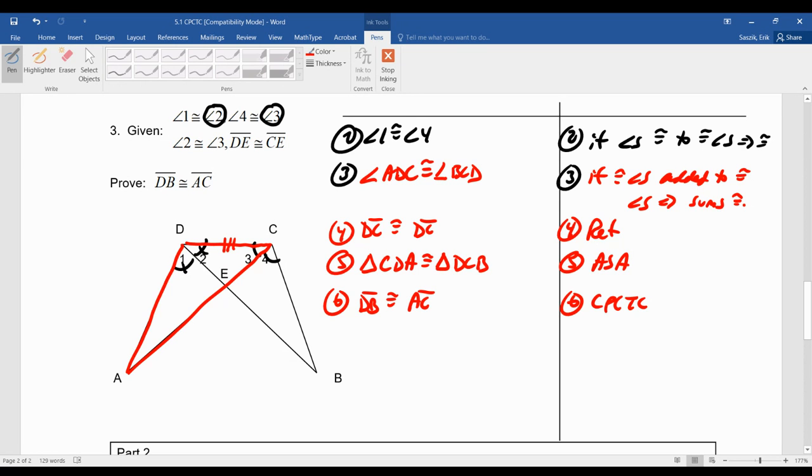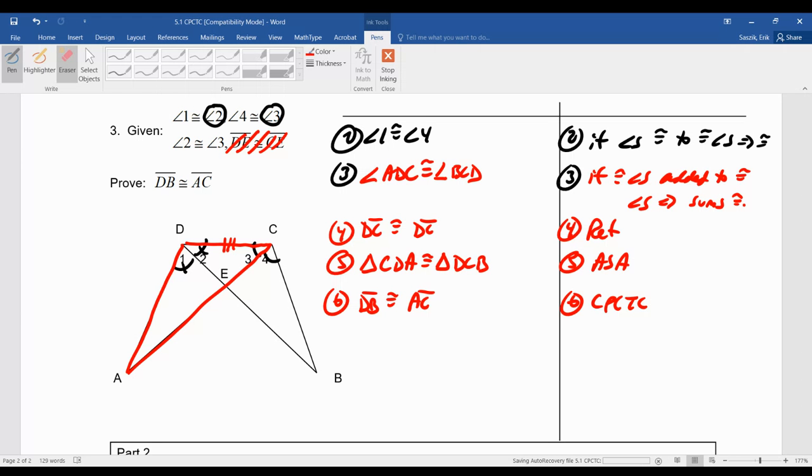Notice how with the method that we used here, I did not use this given information here. All right. But you could use that given information if you do the problem a different way. So you'll see going forward a lot of proofs can be done using different methods.